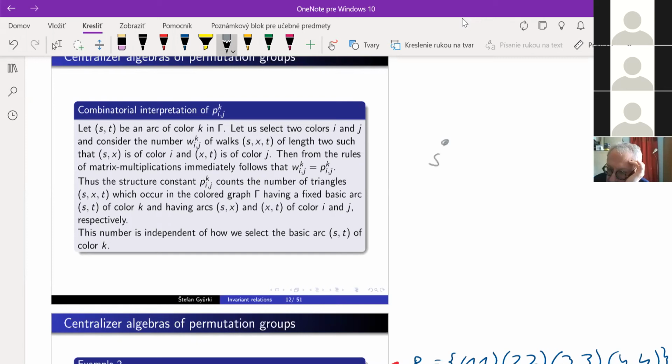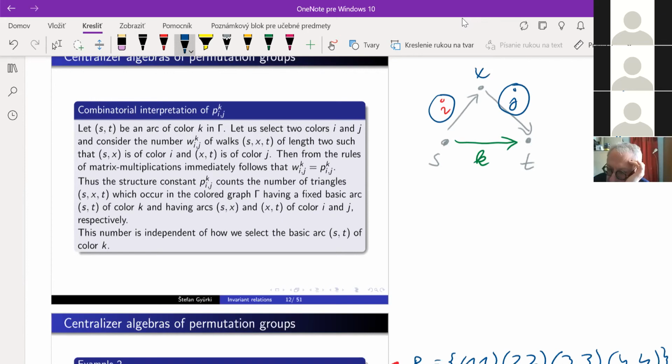if I have two vertices S and T, and the dart between them, the structure constant, which I denoted by P_ij^k, is precisely the number of walks of length 2 between S and T, such that the first dart is of color i and the second dart is of color j.